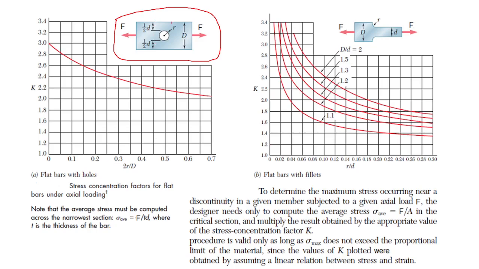If it is a slab with a hole, then the geometric parameter used to determine the K factor is the diameter of the drill divided by the dominant size of the prismatic body.